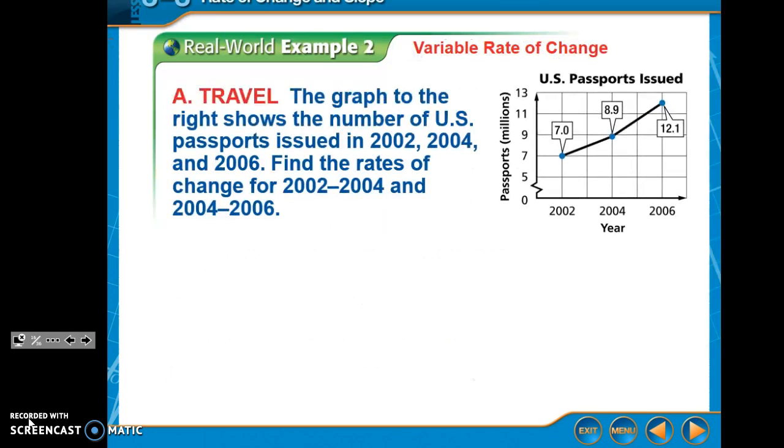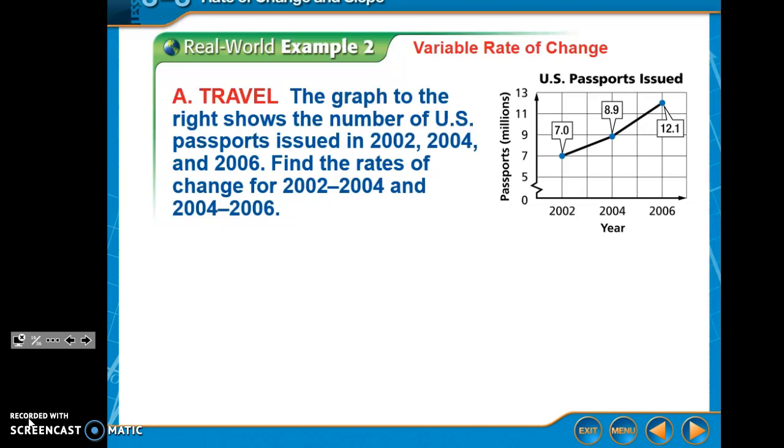Alright. So now looking at a graph. So it's asking us to find the rate of change from 2002 to 2004 and then from 2004 to 2006. So the first thing is we need points off of the line, right? So how many passports were issued in 2002? Looking at the graph, 7 million, right?